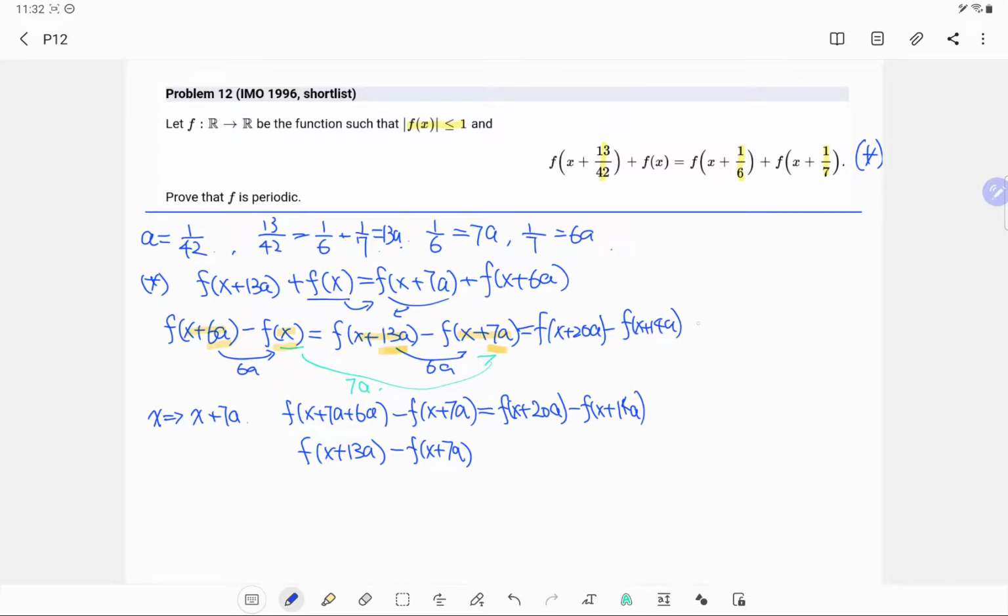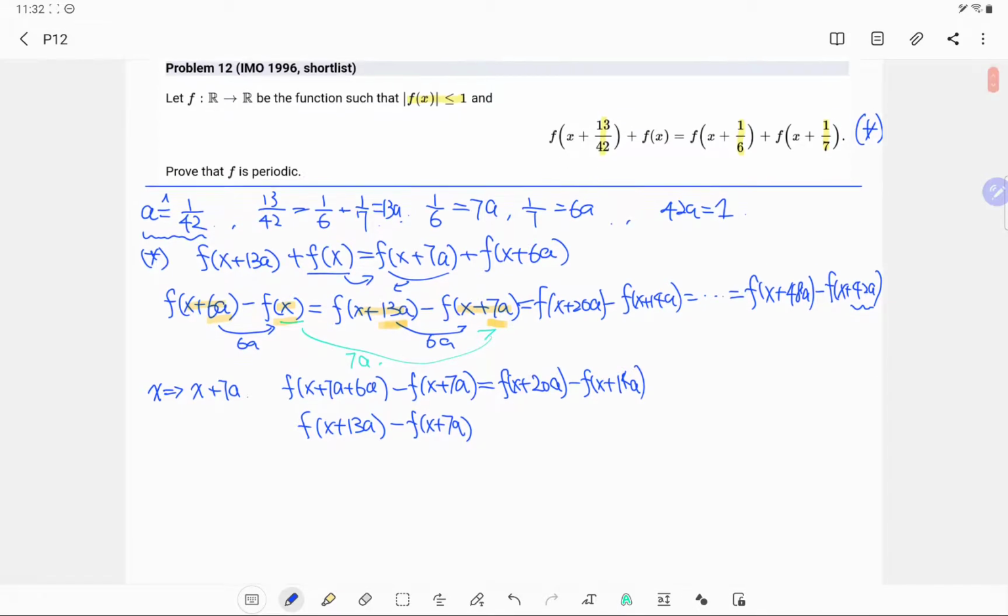We can repeat this procedure up to, let's say, 42, so it is f(x + 48a) - f(x + 42a). We can see 42a here, as we denote a to be 1/42.